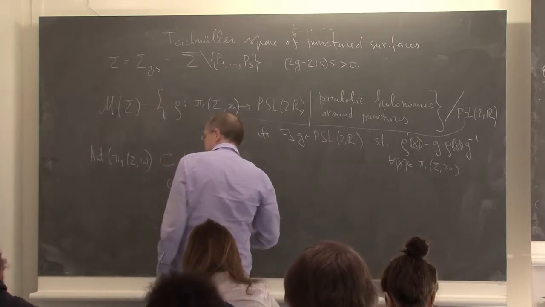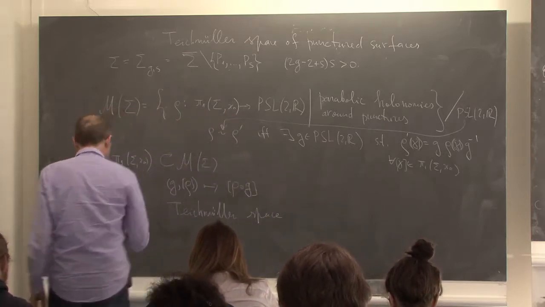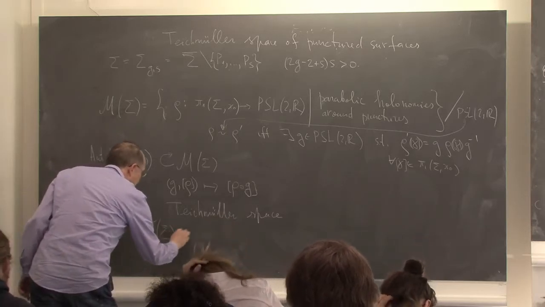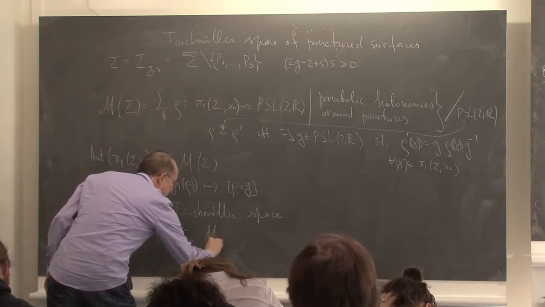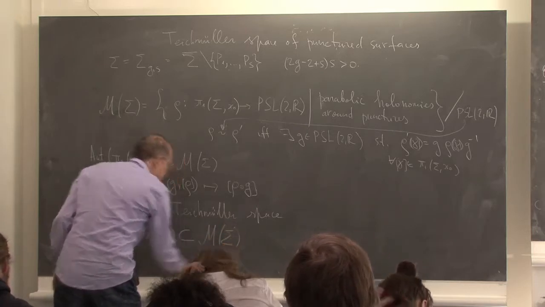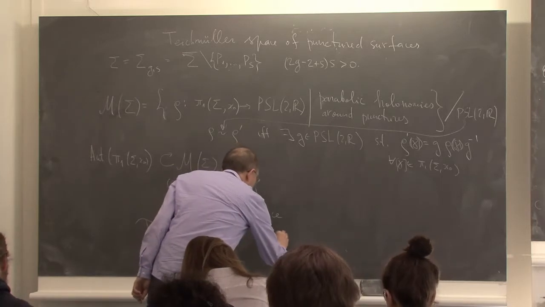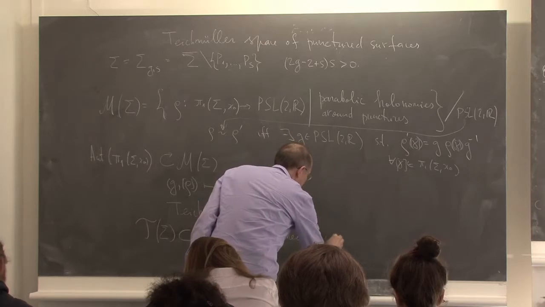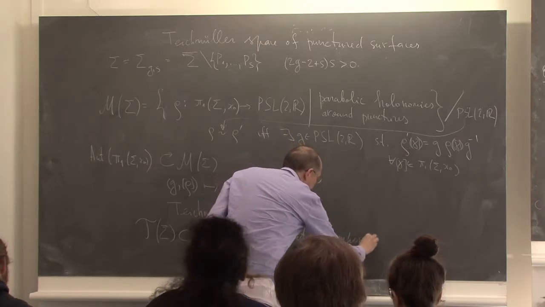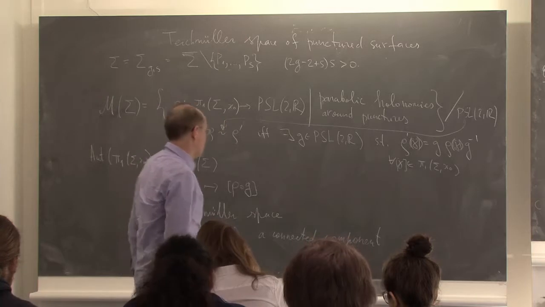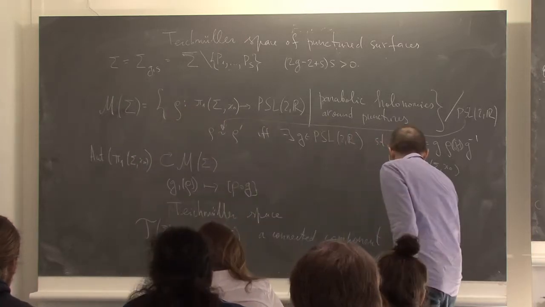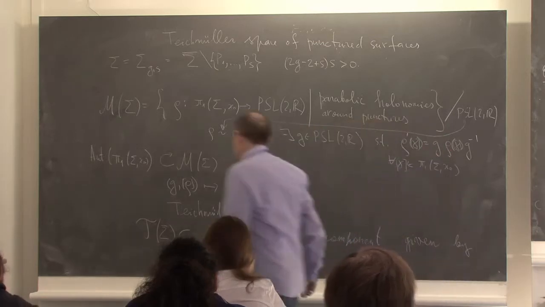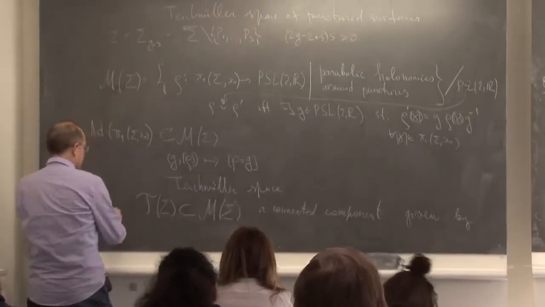It is called tau of sigma, which is a connected component of M sigma, given by discrete faithful representations.